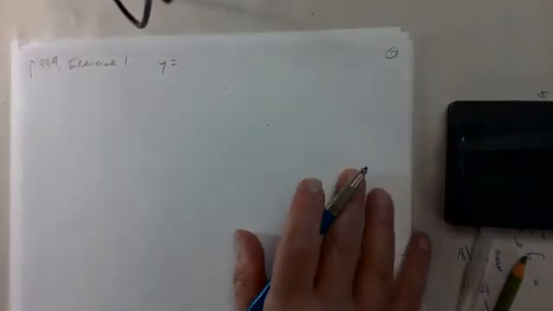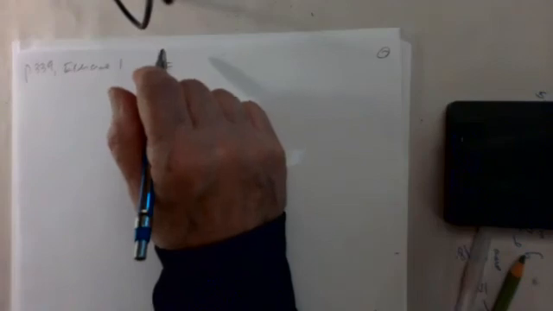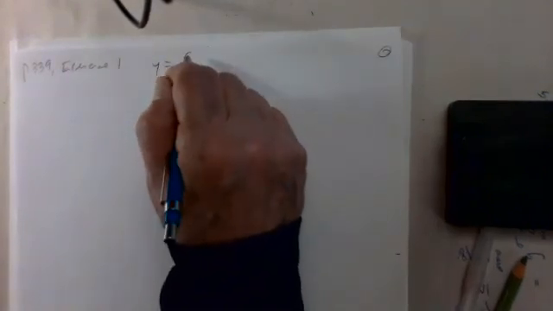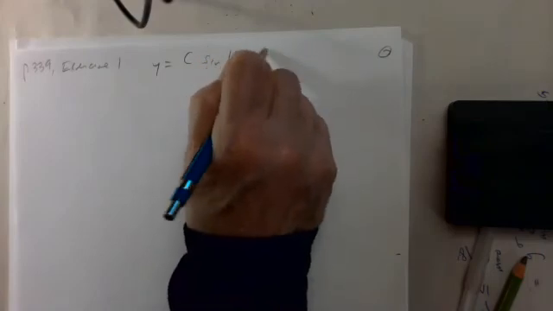Exercise 1. In all these exercises, y is a particle moving in simple harmonic motion according to the equation y equals c sine of kx plus alpha.